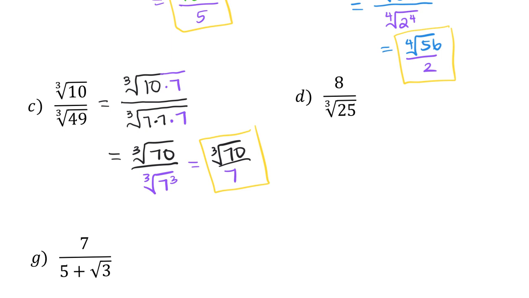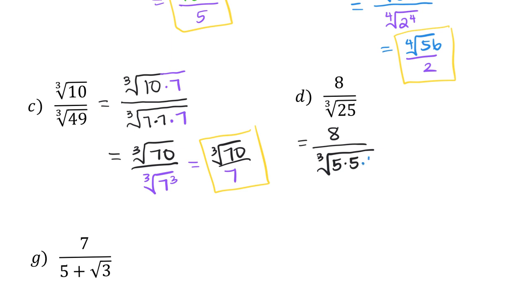Okay, let's try D. 8 over third root of 25. Can't divide it. There's a radical at the bottom. The 25, just staring at it, I know it's 5 times 5. So let's rewrite it. Or you could write 5 to the second. I want it to be 5 to the third at the bottom. How many more 5's?